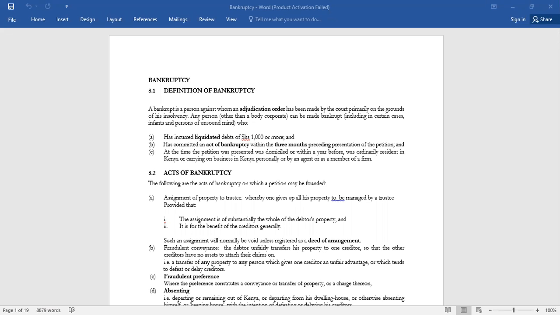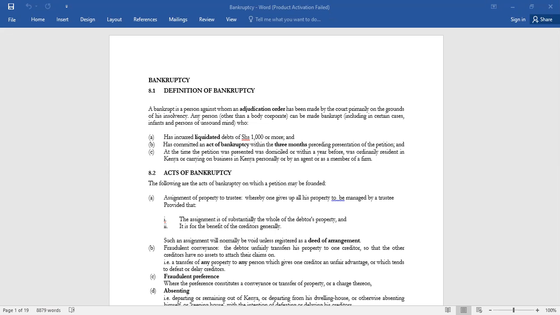And basically, the corporate insolvency earlier on has been dealt under the winding up provisions in the Company Act, Cap 486 of the laws of Kenya.